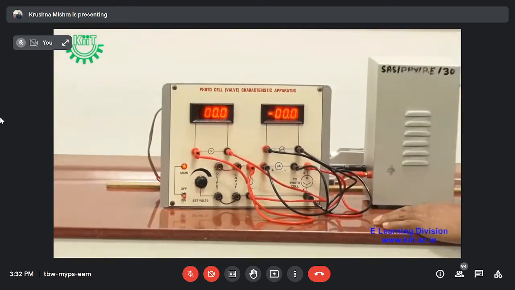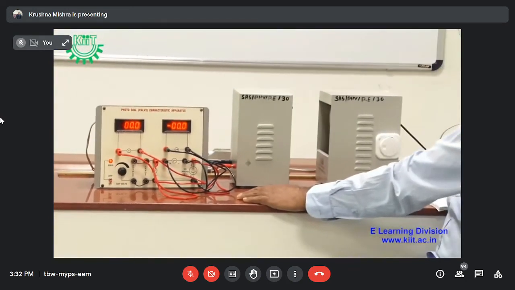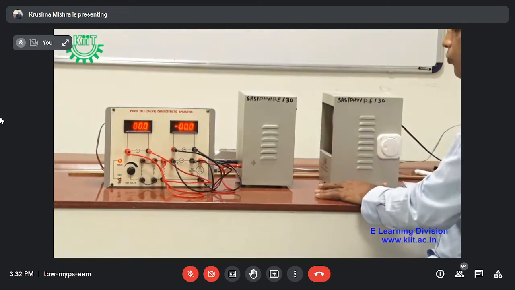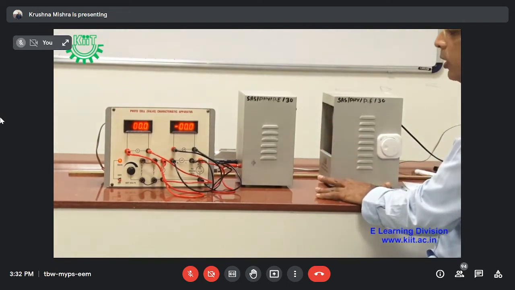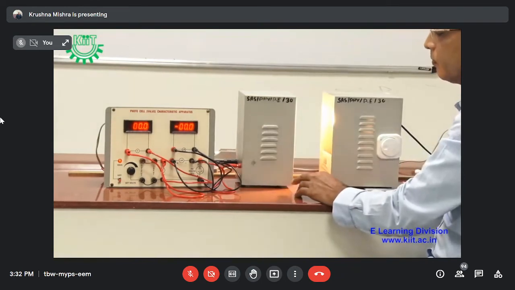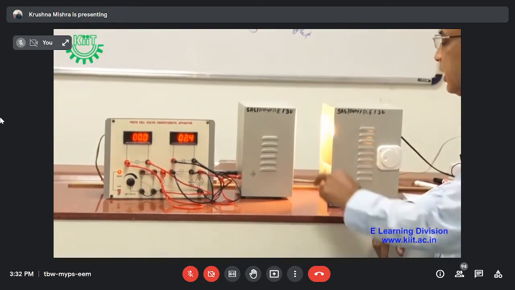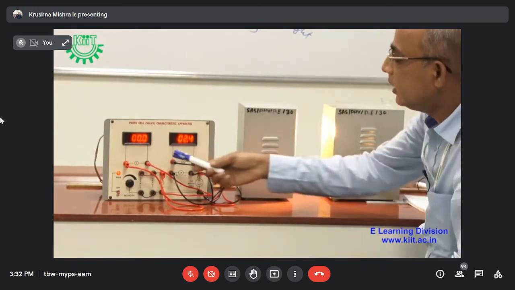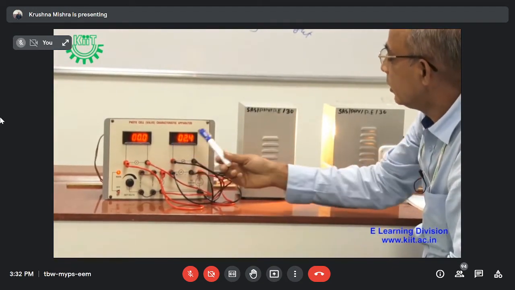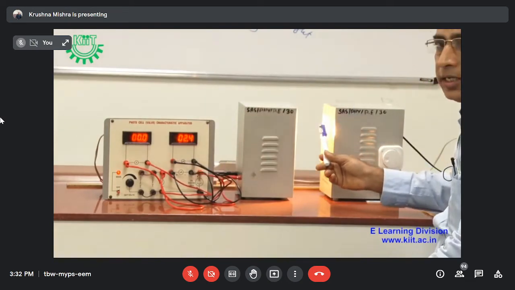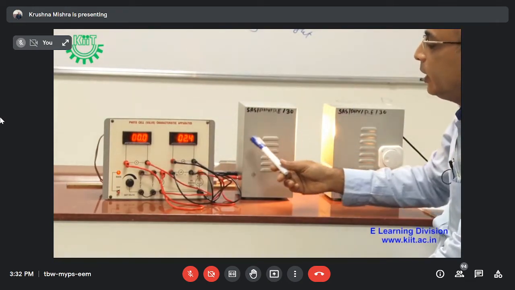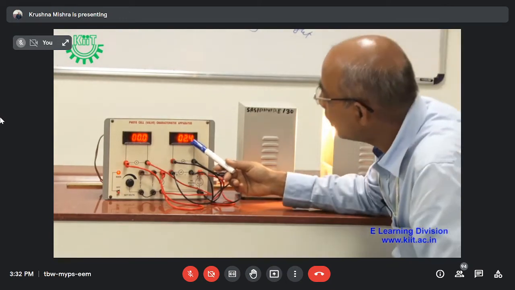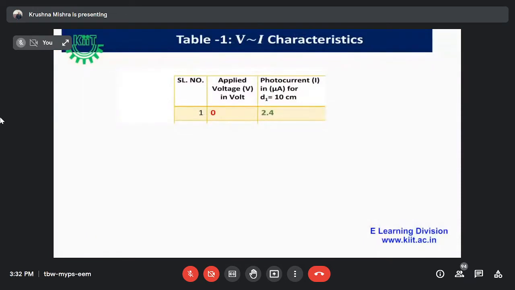Then we will switch on the light source, which will be incident on the photocell, and we will see the changes. Now the photocell is illuminated with the light, and we can see easily that as soon as the light is incident on the photocell, immediately we got a photocurrent of 2.4 microampere.